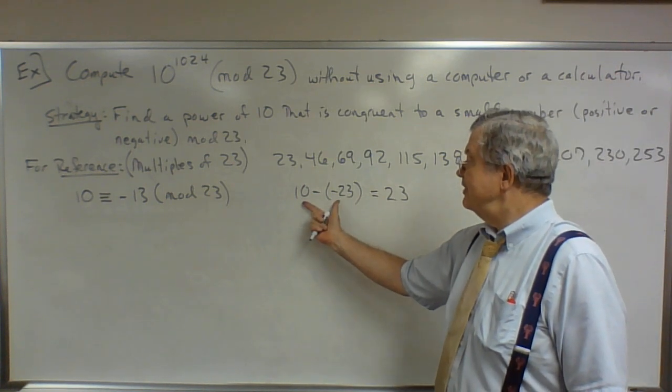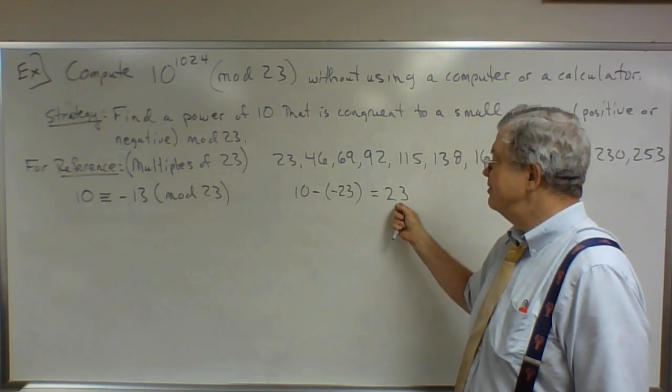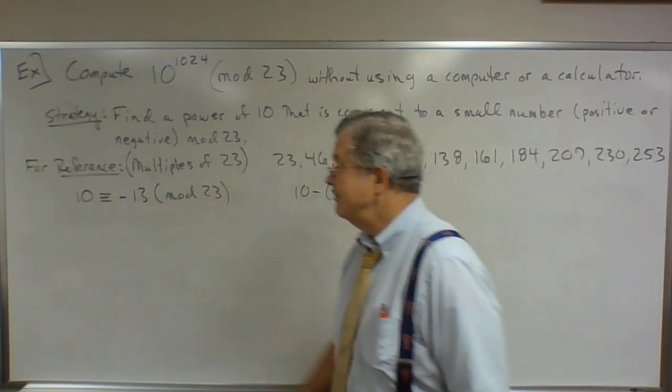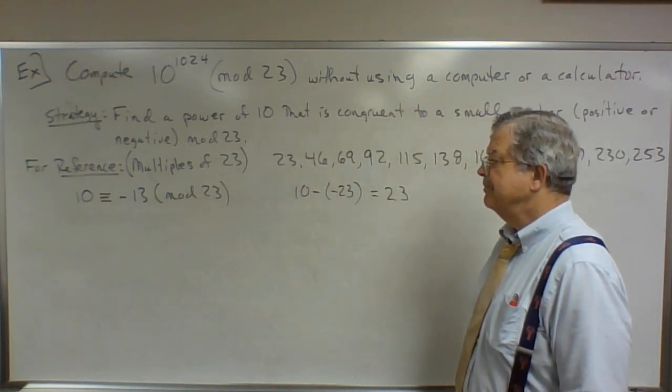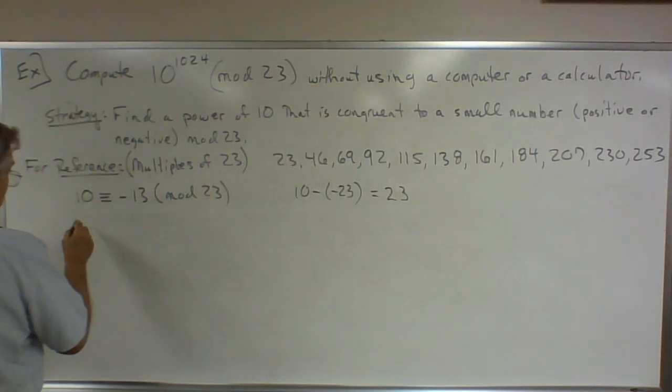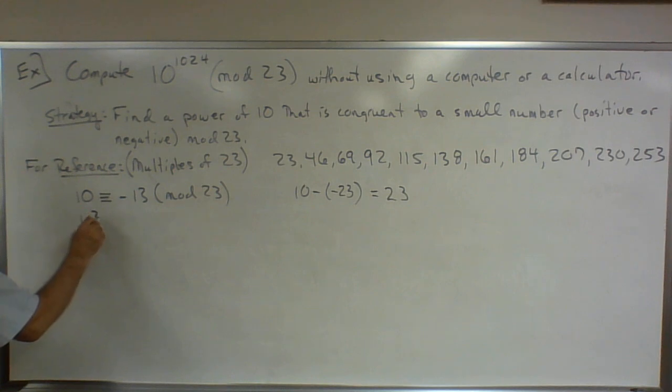So the difference of these two is a whole number multiple of 23, therefore they're congruent mod 23. Okay, what about 10 squared? Well, let's see. 10 squared is 100. And let's see.